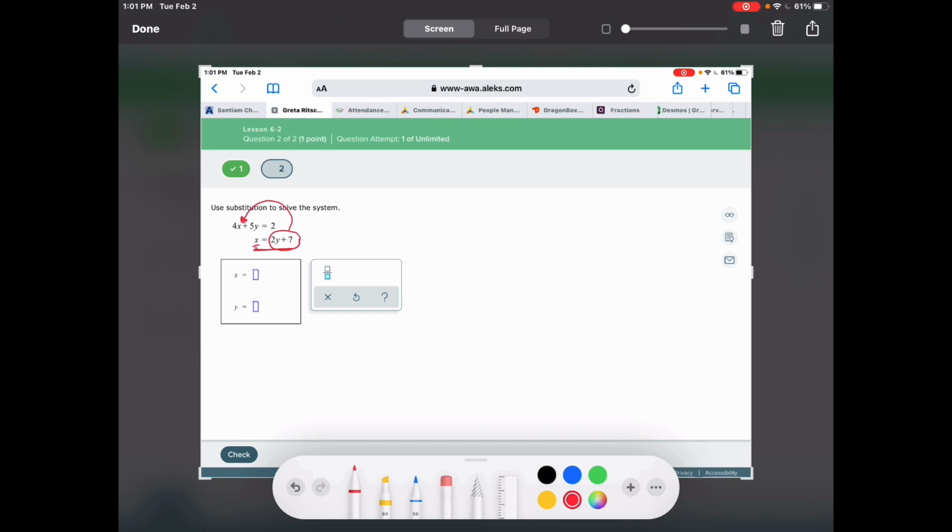So I'm going to write this 4, and then I'm plugging in this 2y plus 7. That's instead of x, because remember 2y plus 7 equals x. And then I'm going to have plus 5y equals 2.